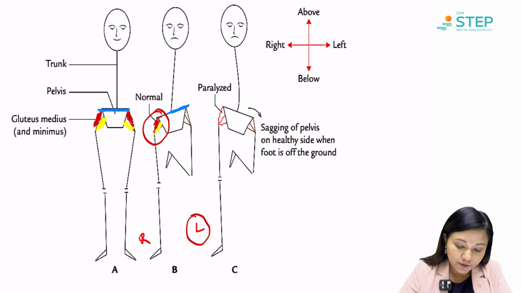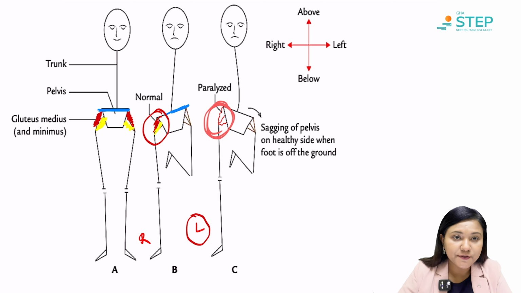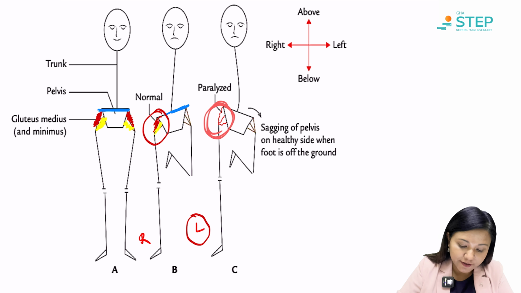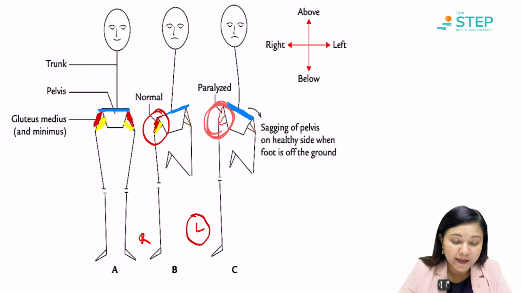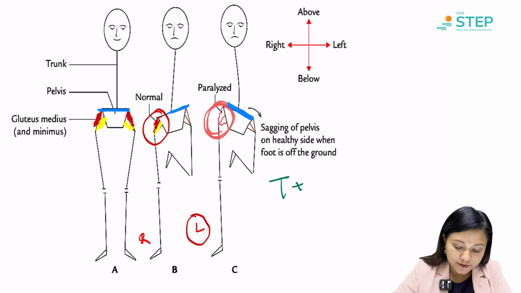What will happen if there is paralysis of the gluteus medius and minimus of the right side? Then the pelvis will sag down, and this sign is known as the positive Trendelenburg sign, and the gait is the lurching gait.